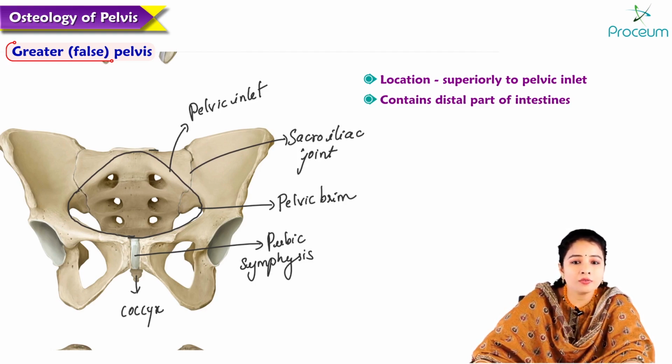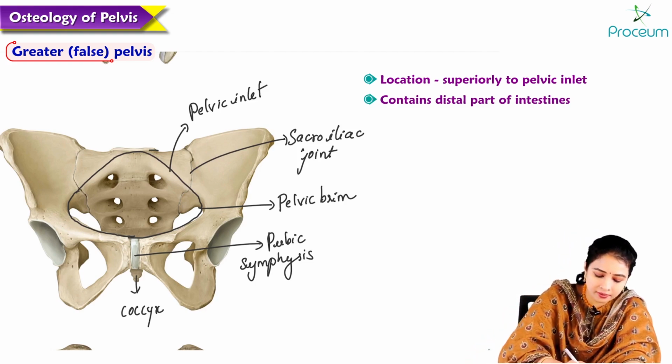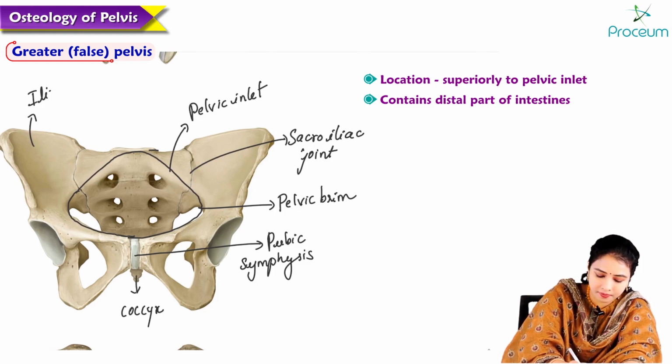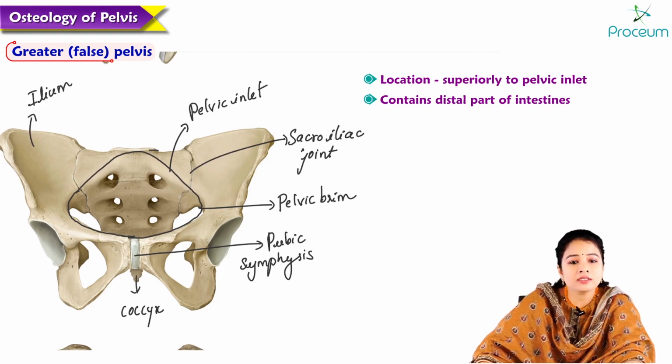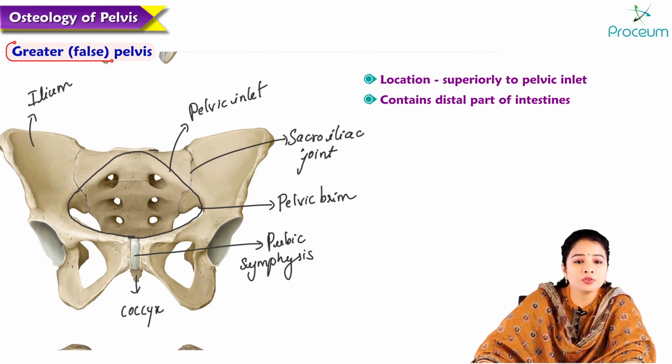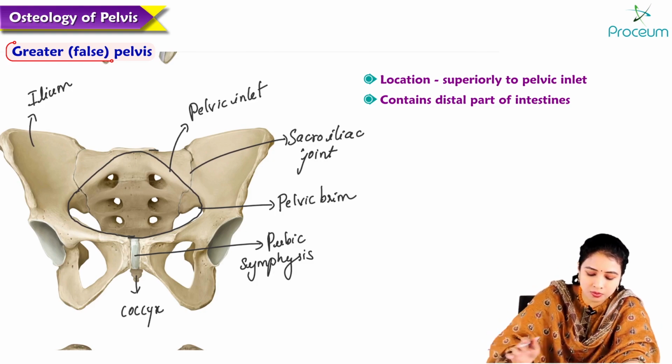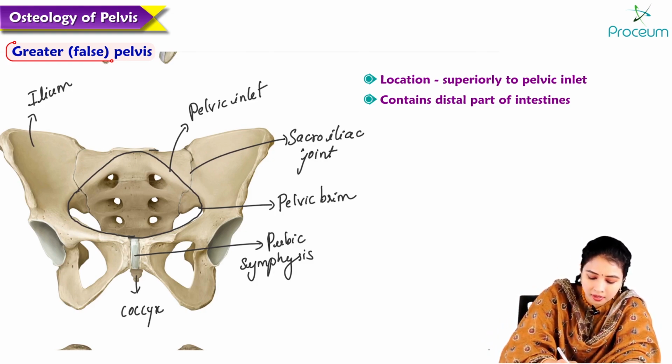bounded by the ala of ilium on each side, and also it is related to the 4th and 5th lumbar vertebrae. So posteriorly it is formed by the lumbar vertebrae which are above the sacrum. So L4, L5.